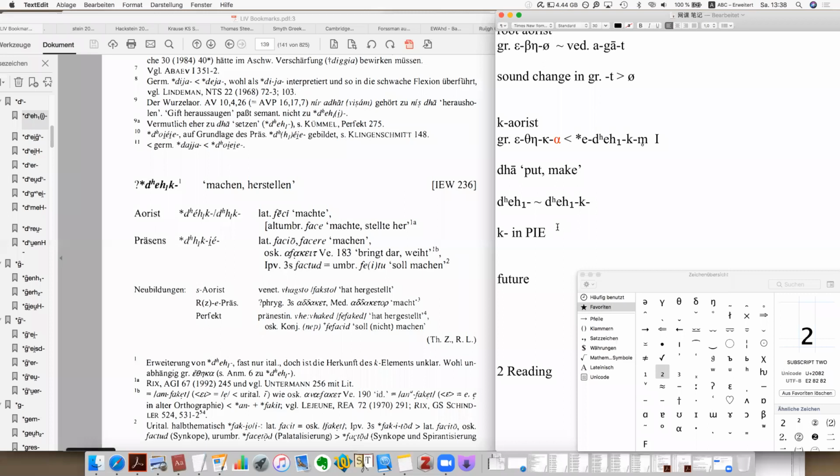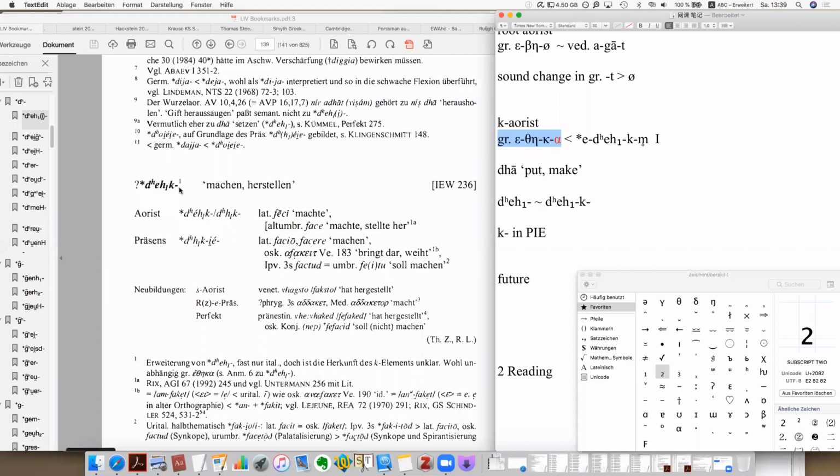Well, the meaning of some suffixes and elements can be made clear, but this one is unfortunately not quite clear. But what we know is that this k element is used in several cases, like this one, a k element in aorist.